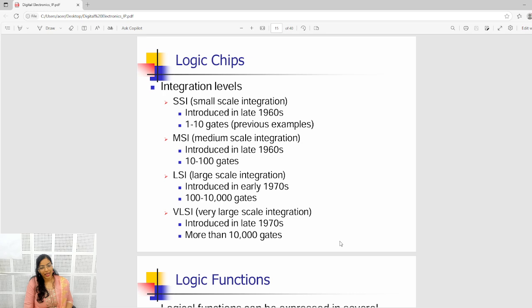Next is large scale integration, introduced in the early 1970s, with 100 to around 10,000 gates. And then VLSI, very large scale integration, introduced in the late 1970s, where we are talking of configurations of more than 10,000 gates.